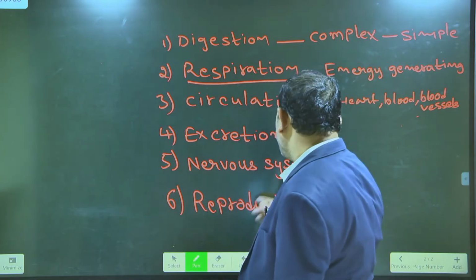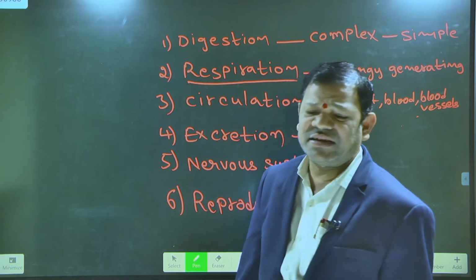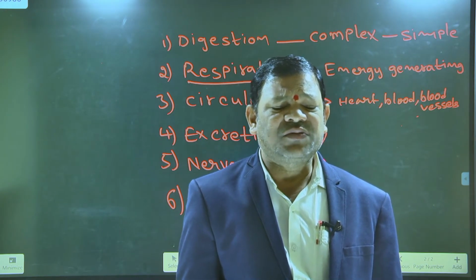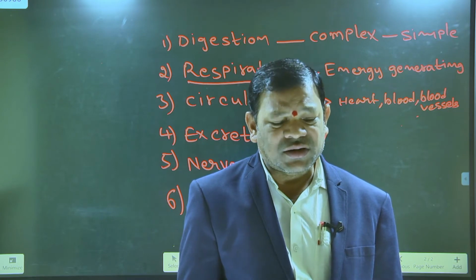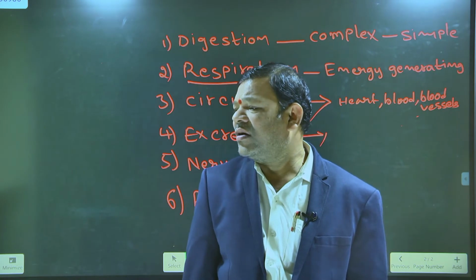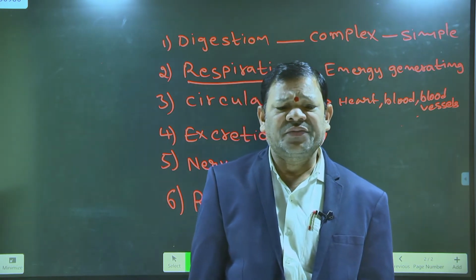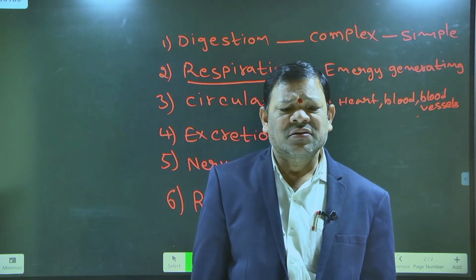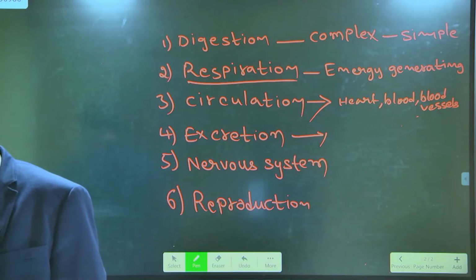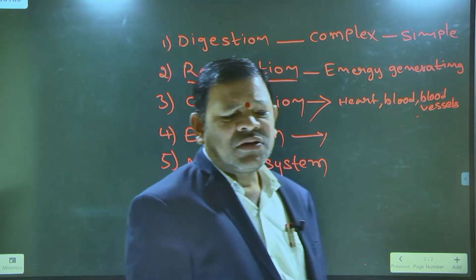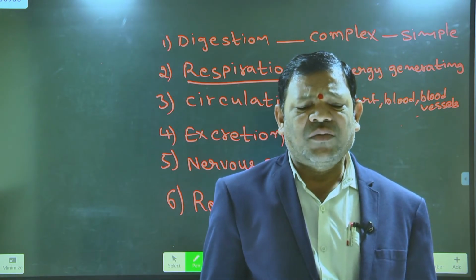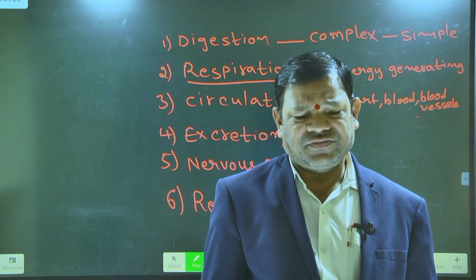The excretory system. The waste materials formed become toxic or poisonous substances, so we send them outside of the body through the excretory system.